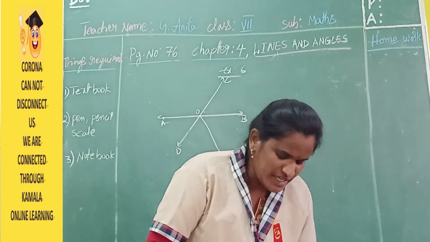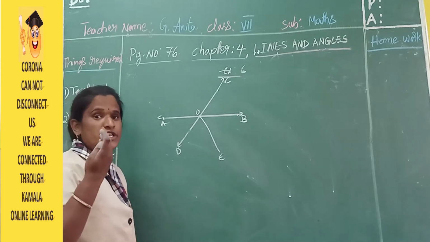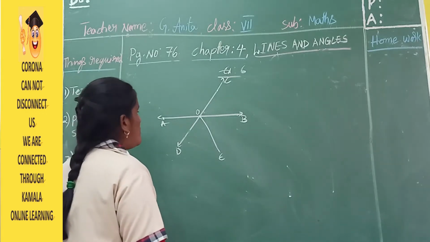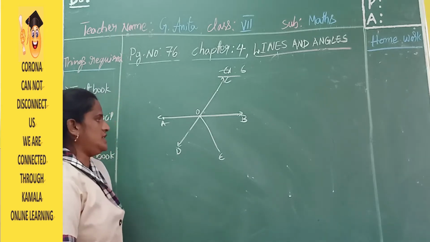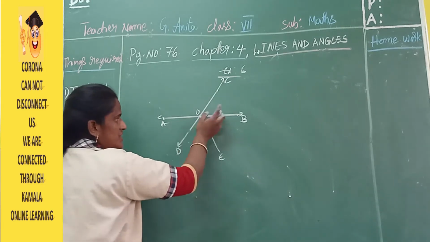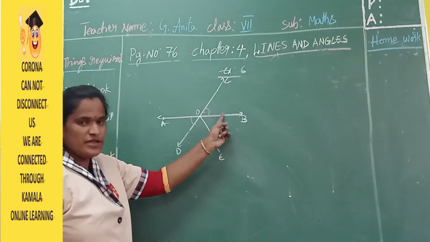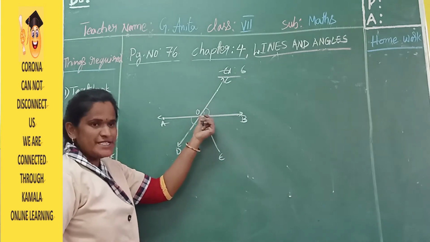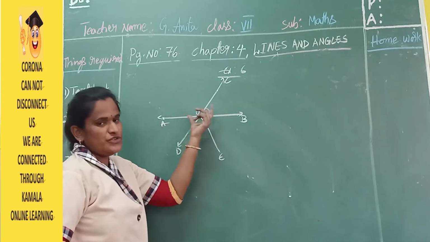So what is the meaning of vertically opposite angles? They have a common vertex and both are opposite to each other. Here observe which are opposite to each other. In this figure, these and these are opposite to each other, and they both have a common vertex. Yes or not? Yes, a common vertex and opposite to each other.